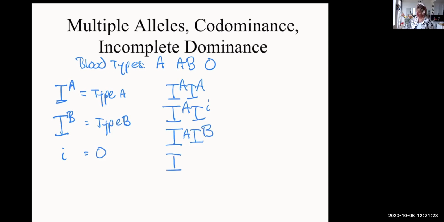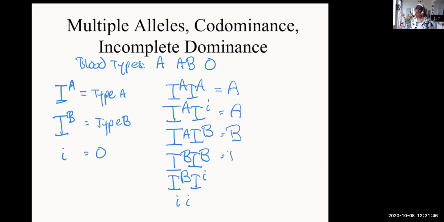You could get these together, that would be type B. You could get these together, that would also be type B. Or you could get these together, and that would be type O. So A, A, AB, B, B, and O.